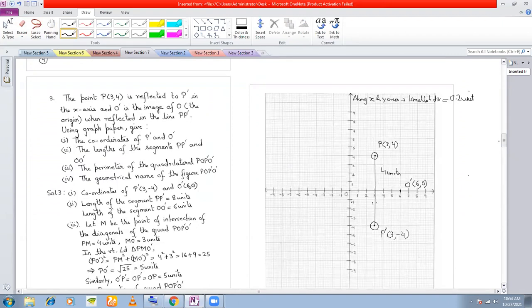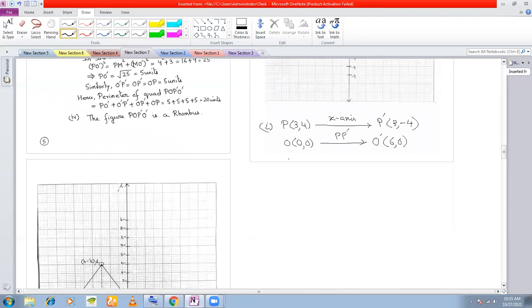That answers the first question. Next question: length of the segments PP dashed and OO dashed. What is the length of PP dashed? Out here you have 4 units, and out here also you have 4 units. So what is the length? 8 units. So second question, PP dashed is equal to 4 plus 4 is equal to 8 units.